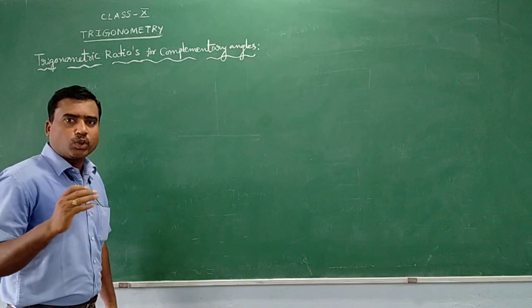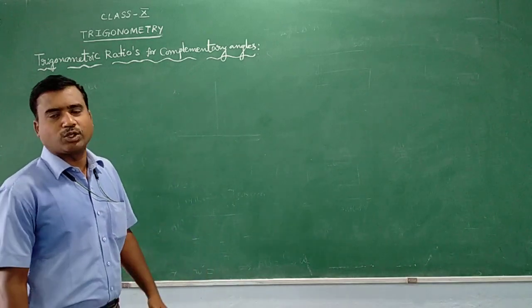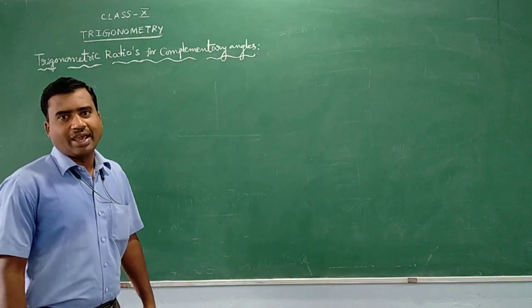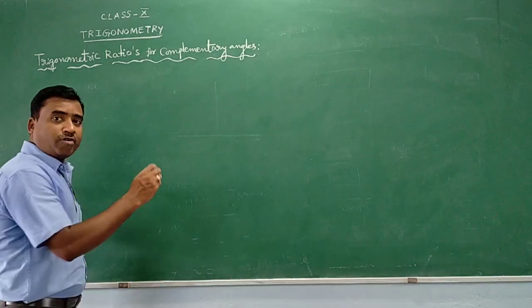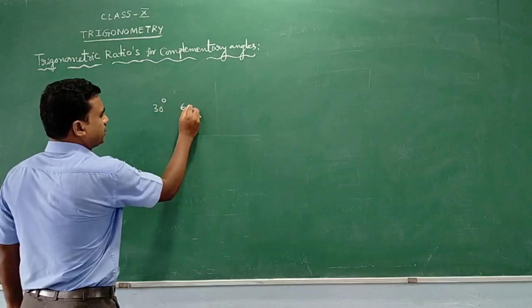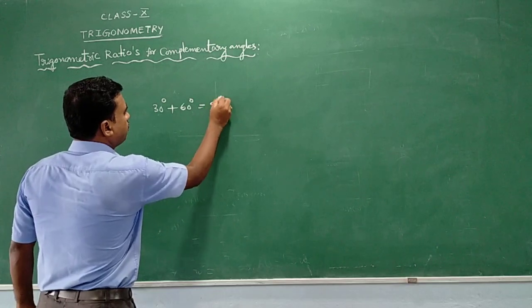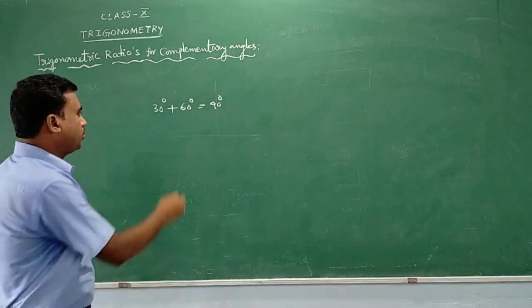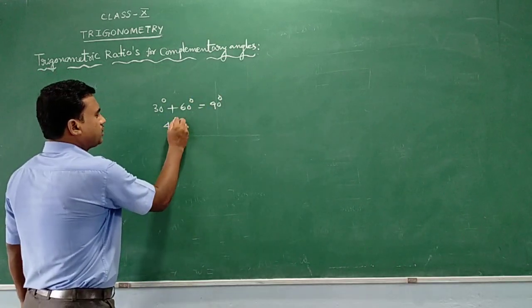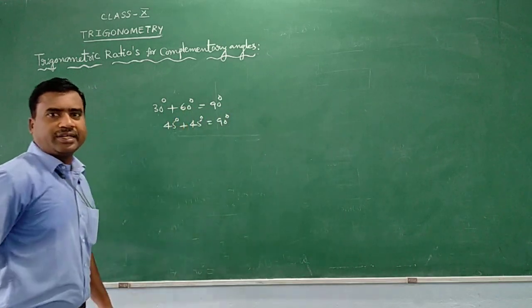If the sum of two angles is 90 degrees, then they are said to be complementary angles. For example, 30 degrees and 60 degrees: 30 plus 60 is equal to 90 degrees. Similarly, 45 degrees and 45 degrees sum to 90 degrees.